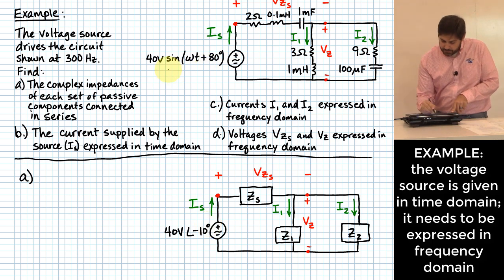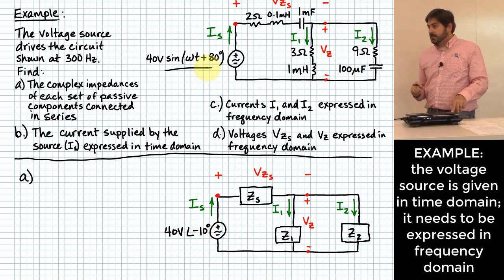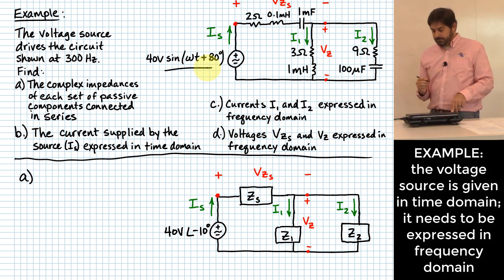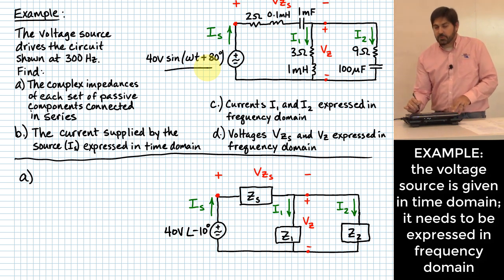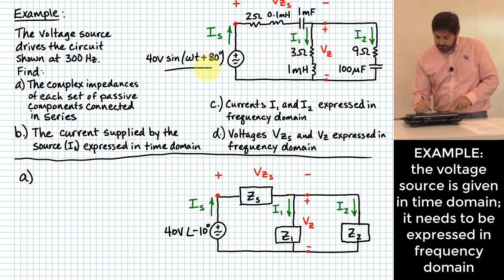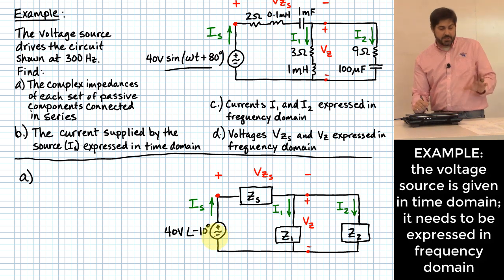That's how you would convert the originally stated source that I had up there into what it should be as a phasor. Okay? So there is a nicely converted circuit right there, and it's ready in terms of the phasor expression of the source.